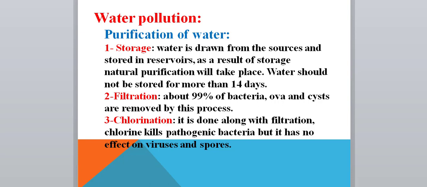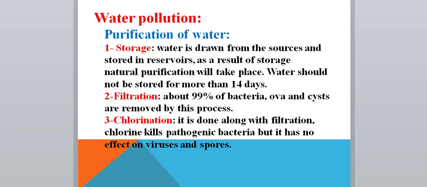Now let us come to the water pollution. We discussed the air pollution, its sources and prevention. Let us come to water pollution, and also this is an important matter for the community. Water and water purification is very important.